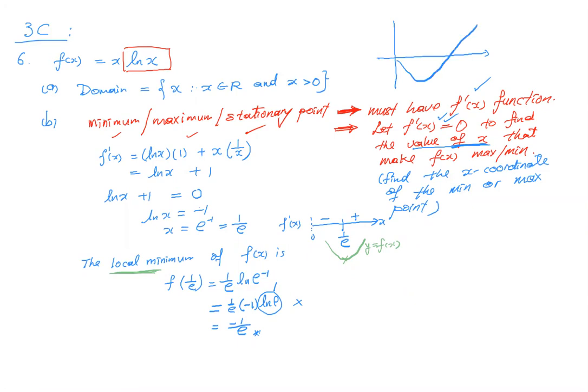Am I right? Now, I want to prove to the examiner or the reader that when x goes in this direction, the graph never comes down.